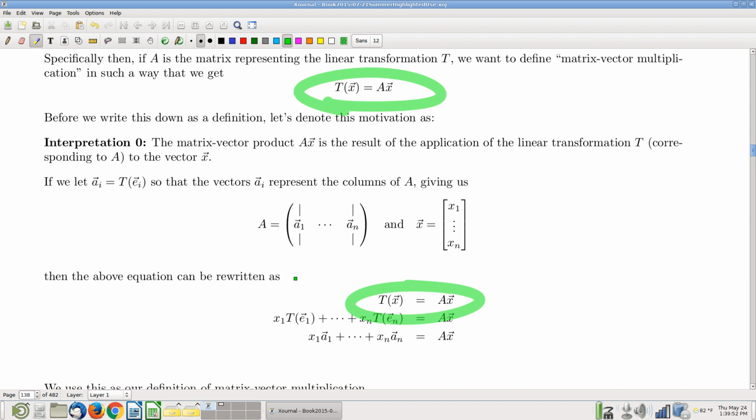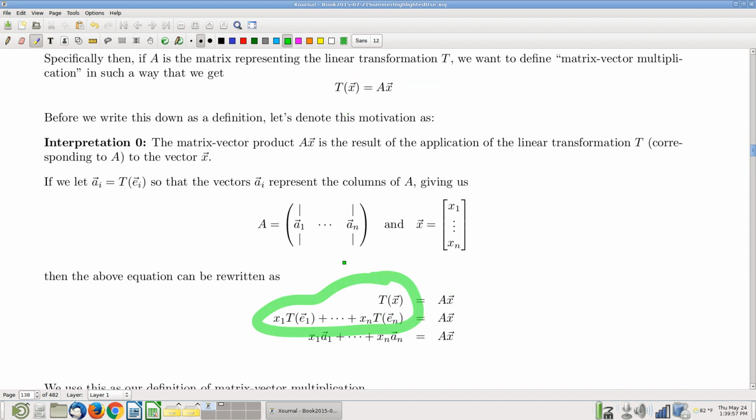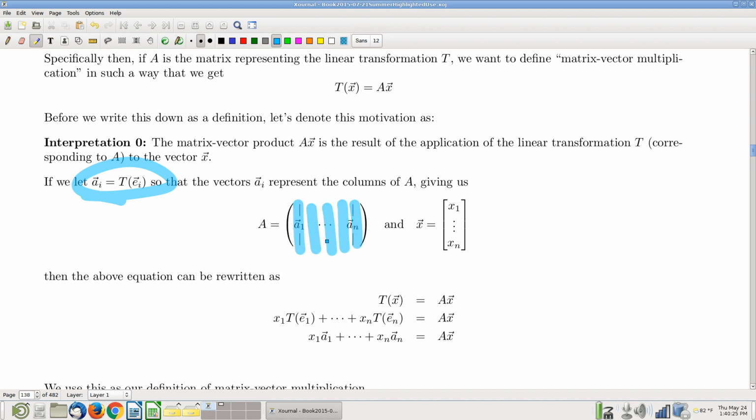Linearity tells me that T of x is this linear combination of the images of the standard basis vectors. We've written that down several times. This is just our usual breaking out the linear combination. And we just decided that we're going to call those images a1 through an.